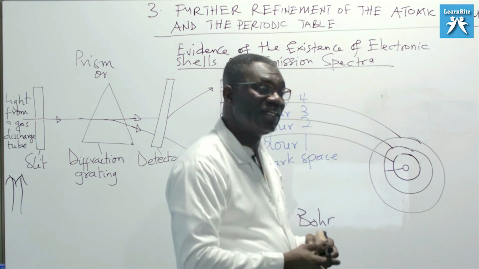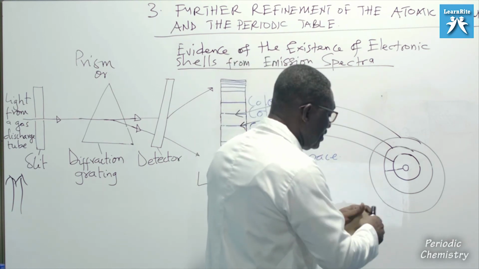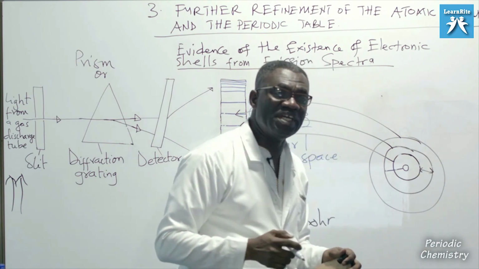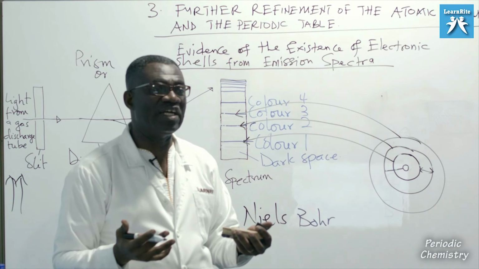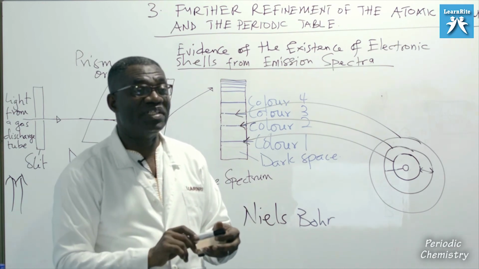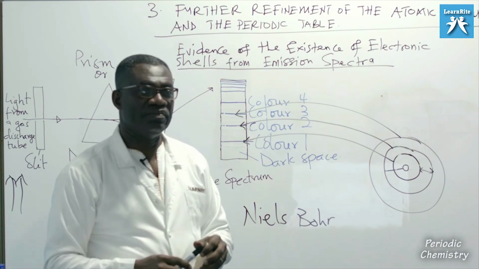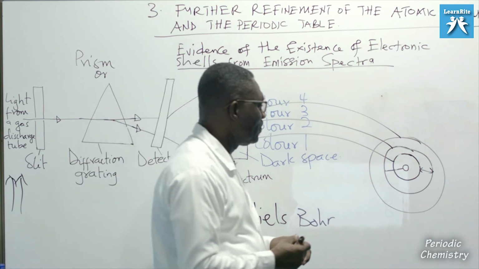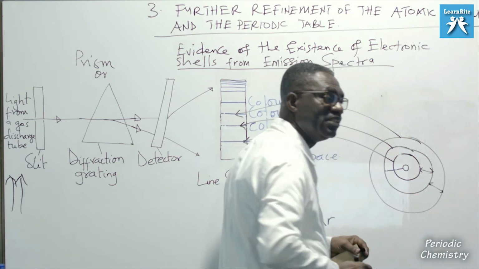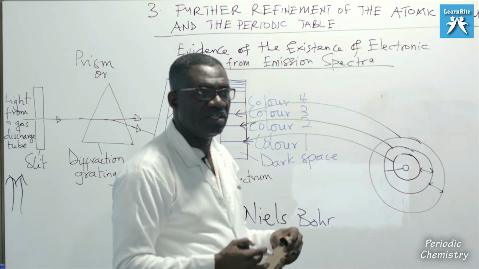If you want to do that, you have to acquire that energy difference between this and that. And we say the electron absorbs energy. And when it happens that way, we say the electron is excited. If it moves from here to here, it must gain this difference in energy. That is another excited state of the electron.